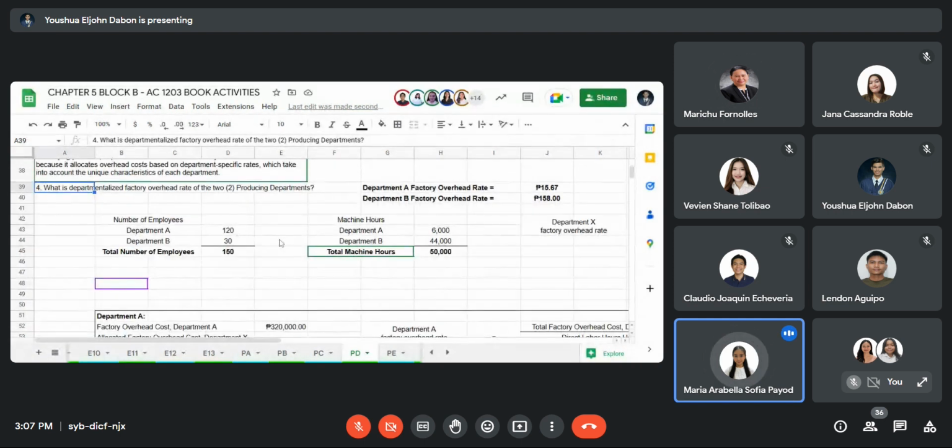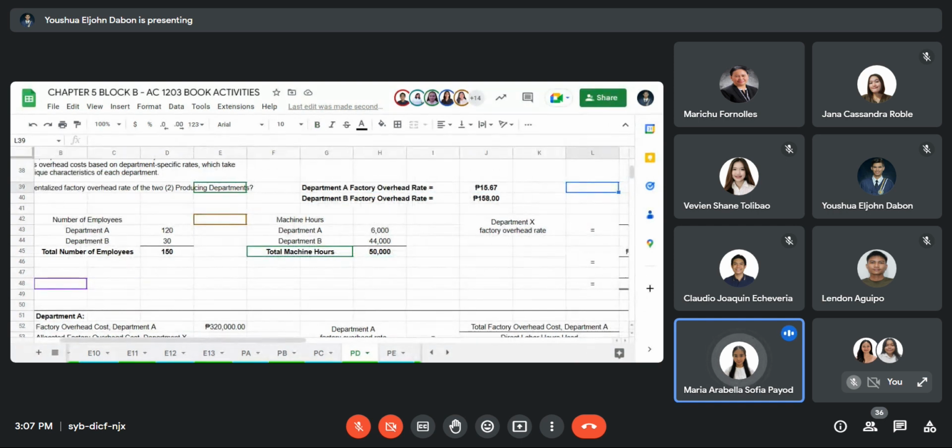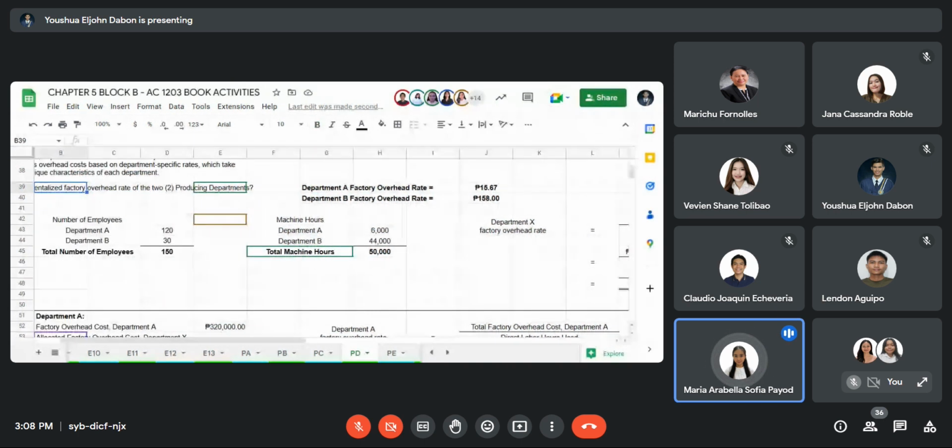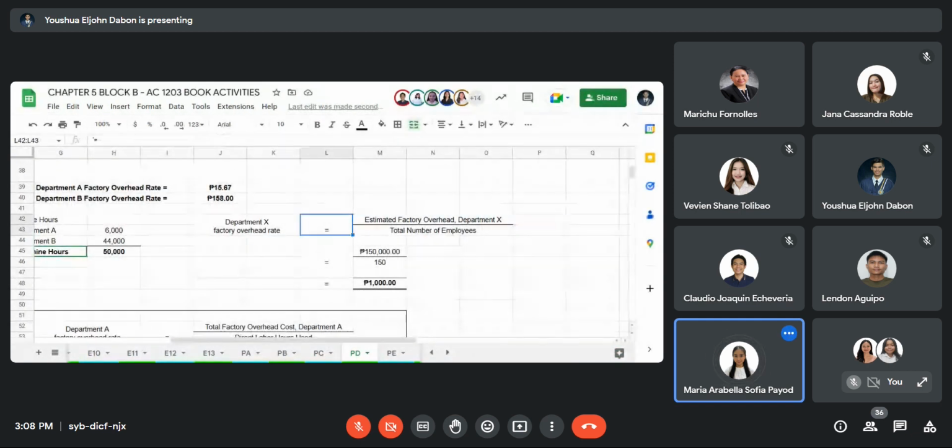So for requirement number 4, it asks what is the departmentalized factory overhead rate of the two producing departments. So for Department A, we got 15.67. So how did we get that? First, we have the factory overhead cost of department A, which is 320K. And then we got the allocated factory overhead cost of department X. So how did we do that?